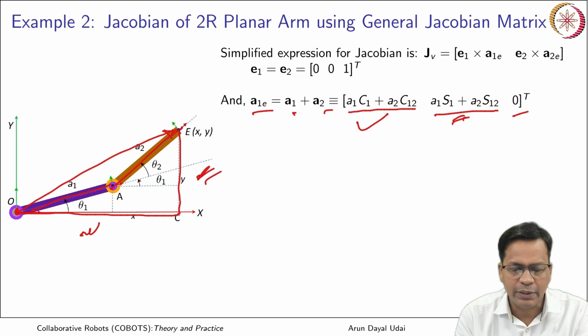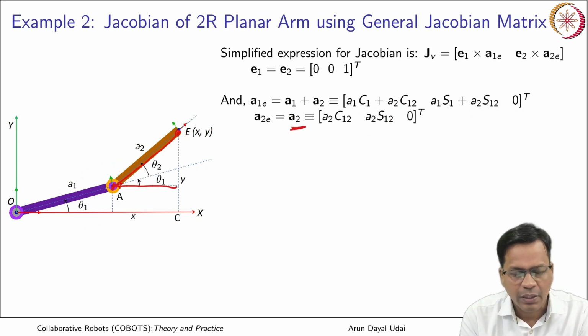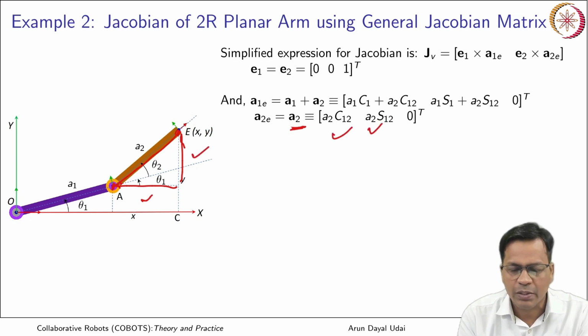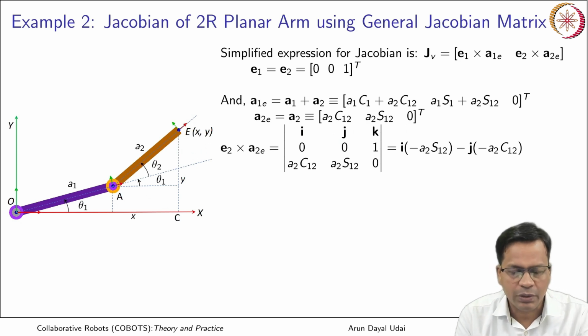So this is A1E. Similarly, A2E, from 2 to end effector is A2 vector, and that can quickly be written as this and this. So this over here, this over here, z becomes equal to 0. Okay. Now taking the product, so E2 A2E will be equal to ijk, you know how to take cross product of this. So component will go like this.